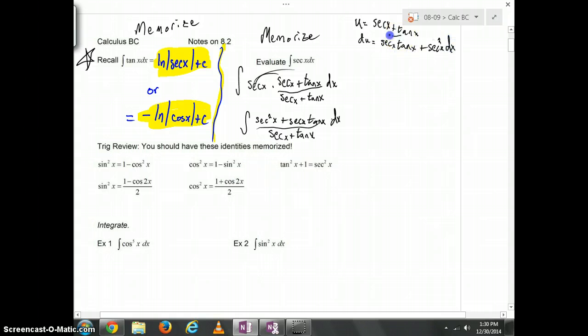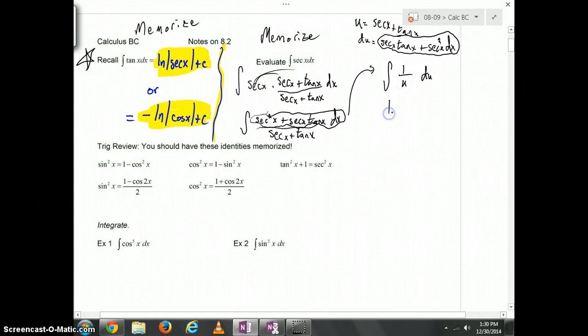And if you're really on your toes, you're going to see that this right here, the secant x tangent x plus secant squared, dx, is really what we have in our numerator of the integrand. And that means that we will have 1 over, well, secant of x plus tangent of x, which we called u. This whole numerator is really just going to be du.